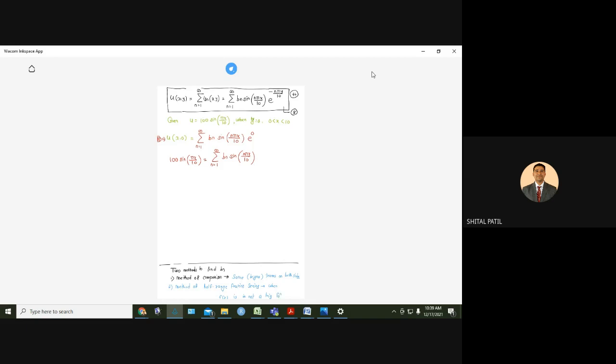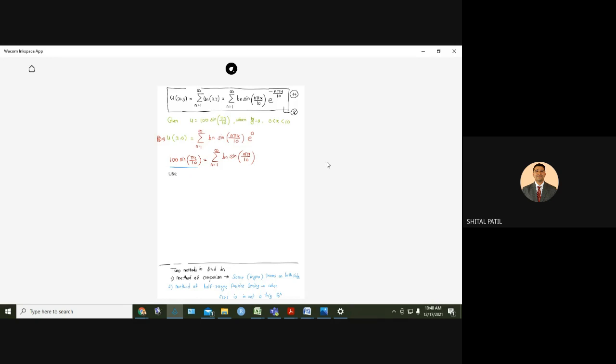When the right side is a trigonometric function, just use comparison; we'll understand it after a minute. And when it is not a trigonometric term, say it is a constant, as in yesterday's example where 50 and u0 were there, or some function of x like x squared (1 minus x), then we have to use the Fourier series expansion. Let me continue and we'll understand what the method of comparison is.